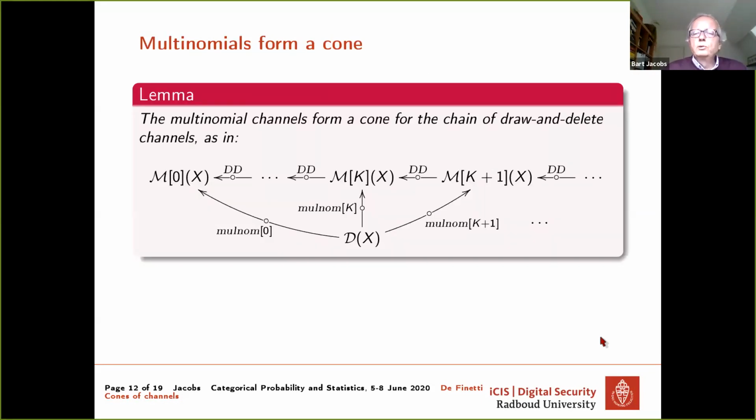And a very basic fact is that multinomials form a cone for this diagram. And so if I take multinomial distribution, which remember is a channel from distributions of X to multisets with K plus 1 elements, and I draw and delete, the channel I get is multinomials where I do K experiments in total.